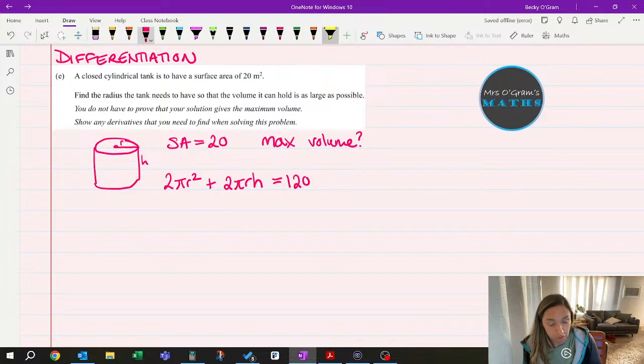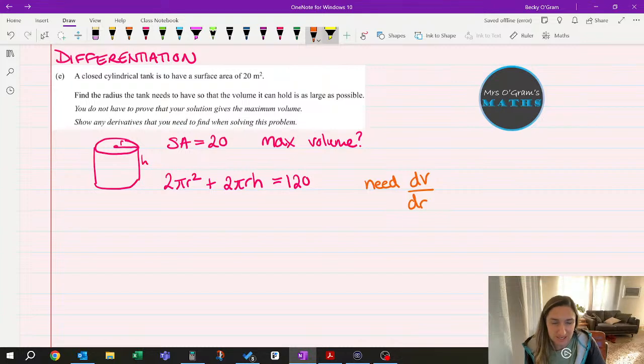Now for volume, what we want to do is find a rate for the volume and then find the derivative of it, set it equal to 0, and then we'd be able to find a maximum, a stationary point. So what we're looking for is to be able to find dV according to something else, and we could go with the R or the H really, but I would find the R easier to do here.